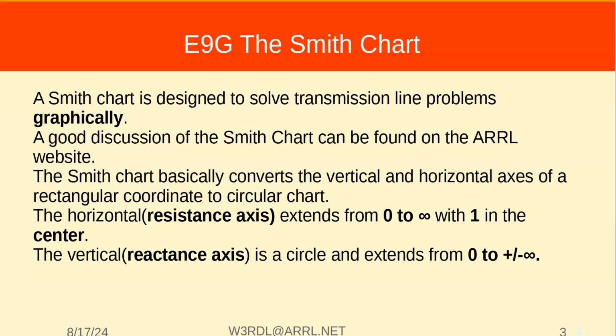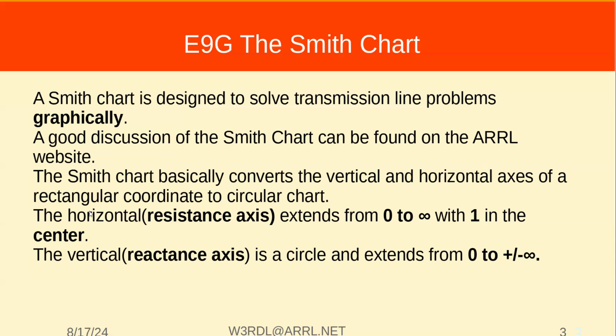So the main thing is that the horizontal axis or the resistance axis is going to go from 0 to infinity, 1 in the middle, and it'll normally be the horizontal line. One of the things they changed in this question pool is their example figures were all rotated 90 degrees and the resistance axis was vertical. Nobody does a Smith chart like that. So they finally fixed that.